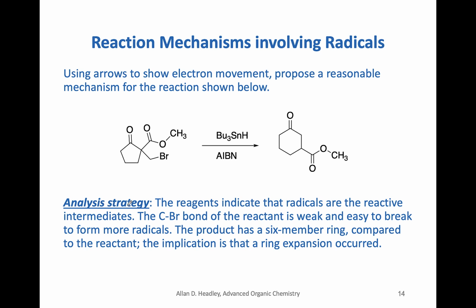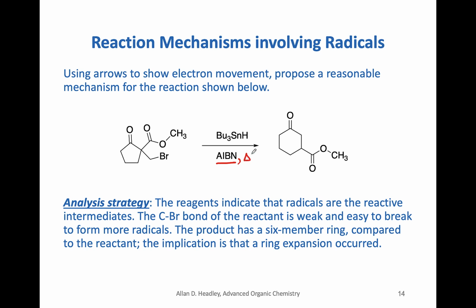So the analysis strategy is to observe. The first observation here is that this reagent, especially AIBN, looks like it should generate radicals. Typically we have heat here.